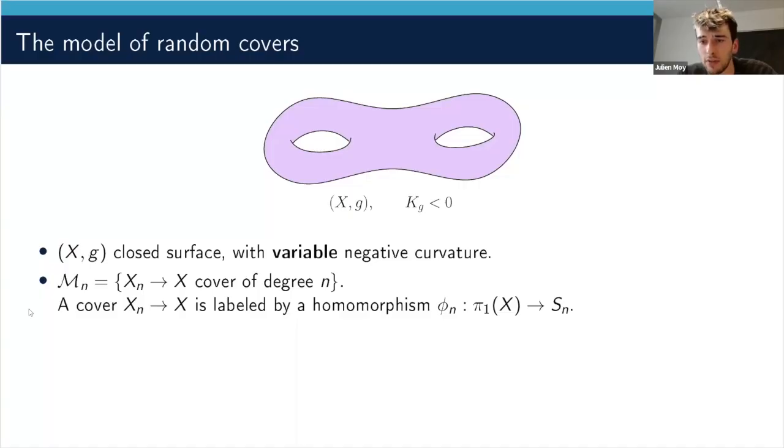And actually, the fundamental group of X is finitely generated, so there are only a finite number of such morphisms. So one can just put the uniform probability measure on the space of homomorphisms.